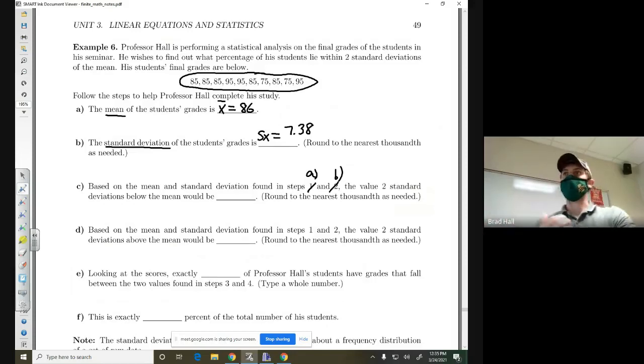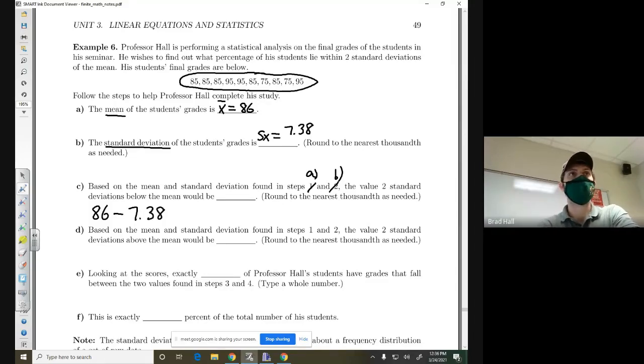So below the mean, well, we need the mean. And we found that to be 86. So below the mean, that implies we need to subtract from the mean. And if we need 2 standard deviations below the mean, then the standard deviation is 7.38.